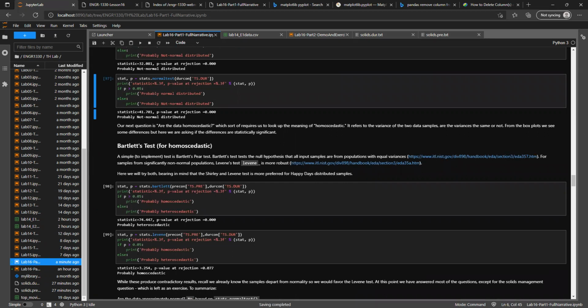So the assumption of homoscedasticity, that's hard to say, is central to linear regression models. It describes a situation in which the noise is the same across all values of independent variables.